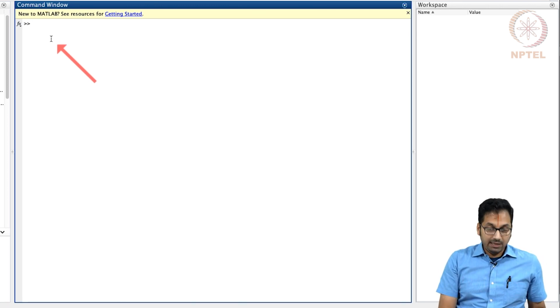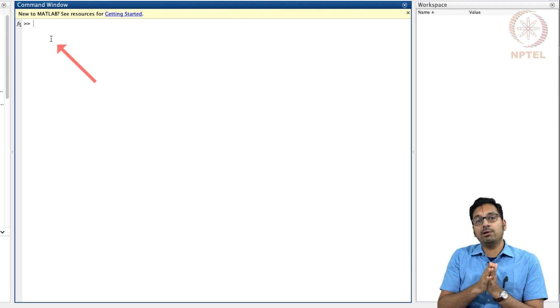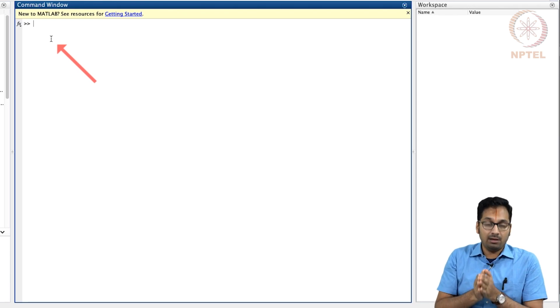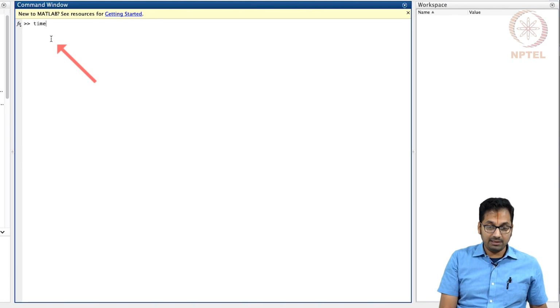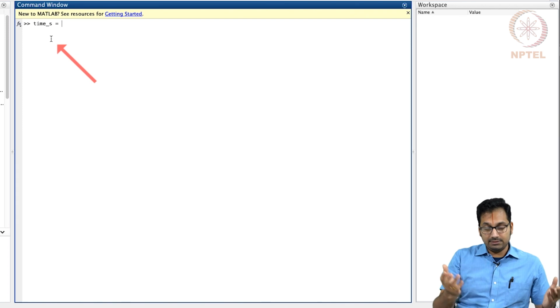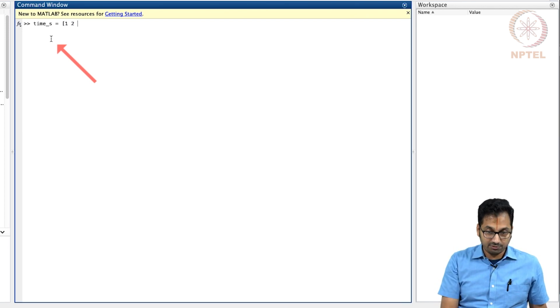So the way you saw in the Excel sheet where a certain column has a certain running variable that we saved it as, here also a similar thing can be done by giving different variables. So let us say we want to define time in seconds as time underscore s. This is just a variable, you can name it any possible way. So I want to give it 10 such points.